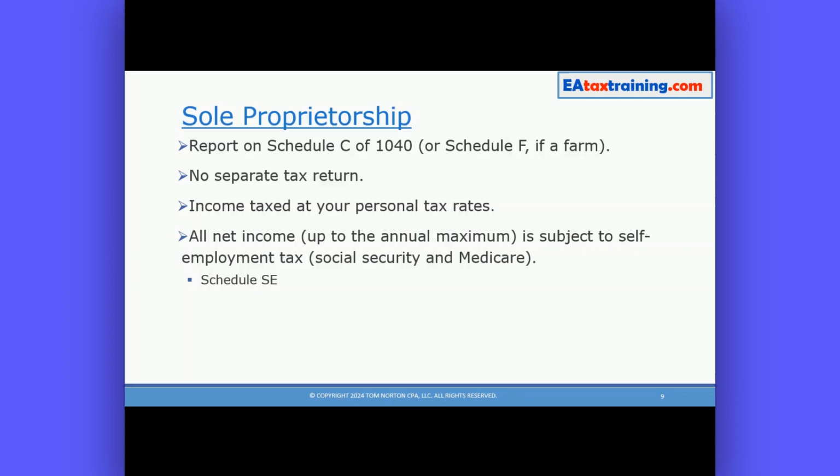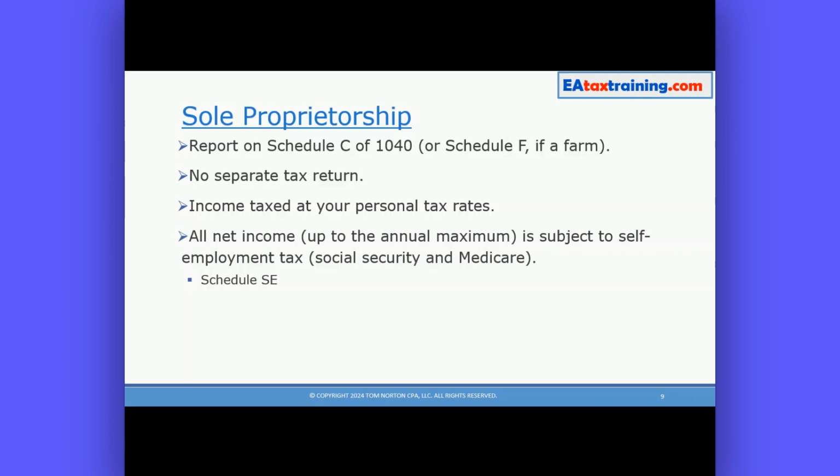So you just file your regular income tax return, your Form 1040, just like you always do, and then you add to it this Schedule C, and you may have to add another form or two as well, depending on the circumstances of your business. And then the income from that sole proprietorship is taxed at your normal personal income tax rates.